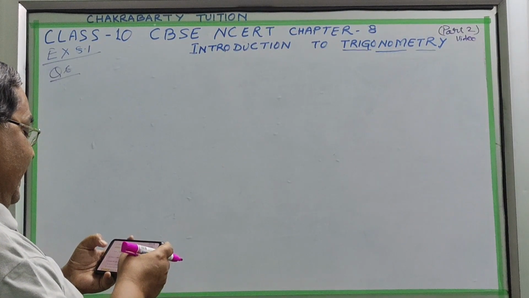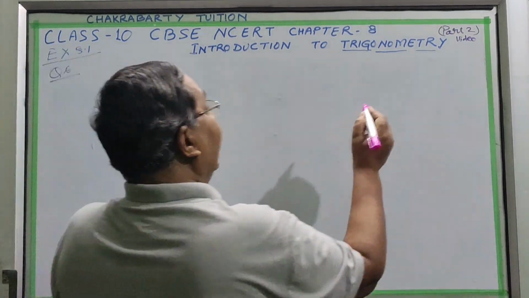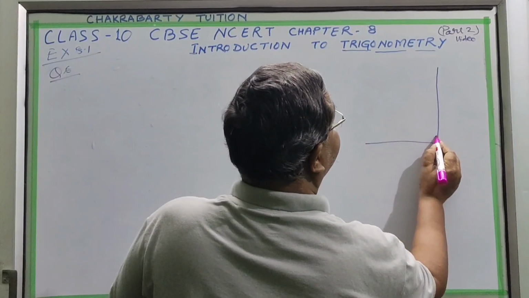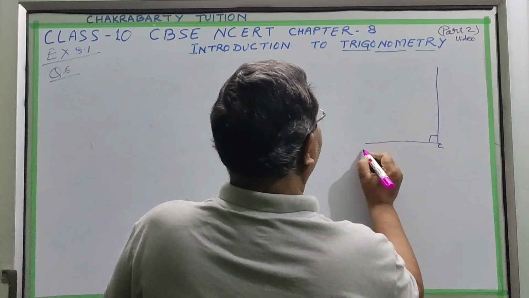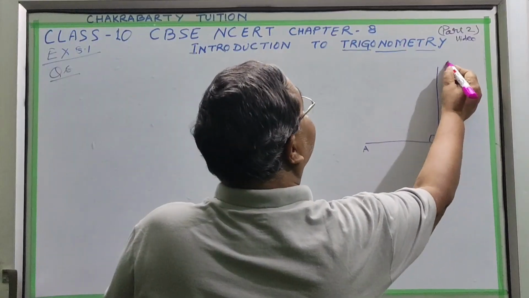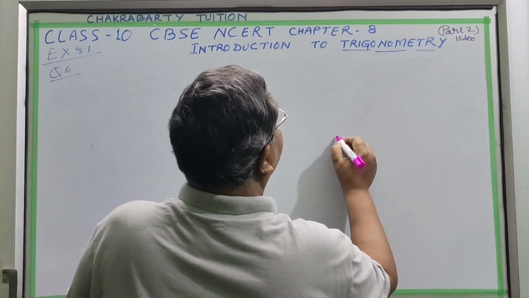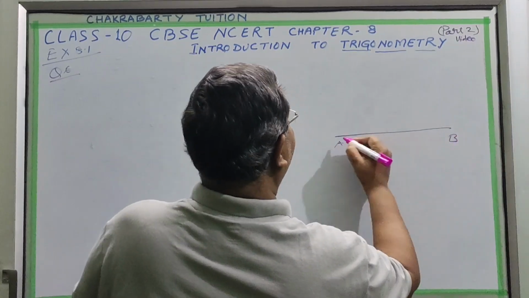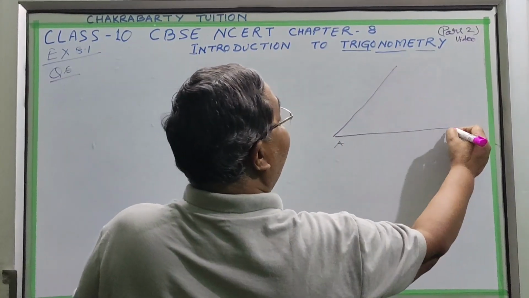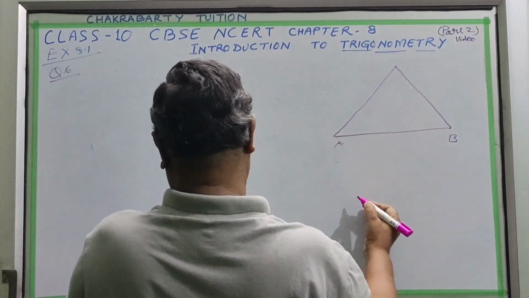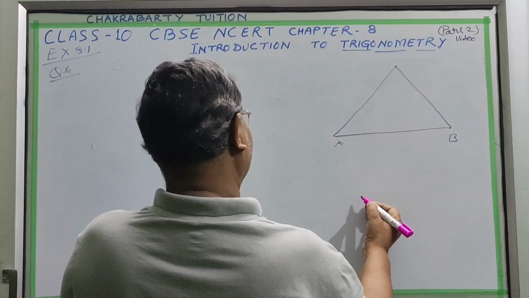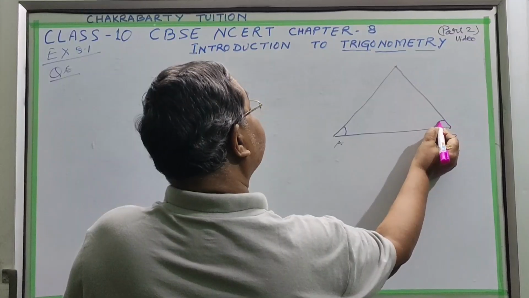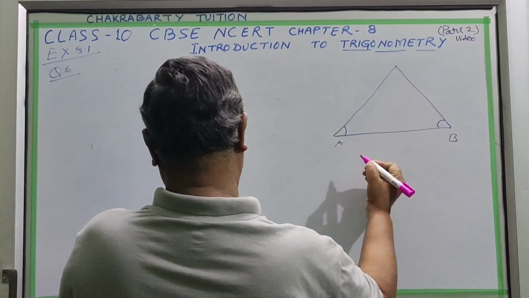Angle A and B are acute angles. So it is 90 degrees, which means it will be angle C. Here they are giving two acute angles, A and B, and they are saying cos A and cos B are equal.